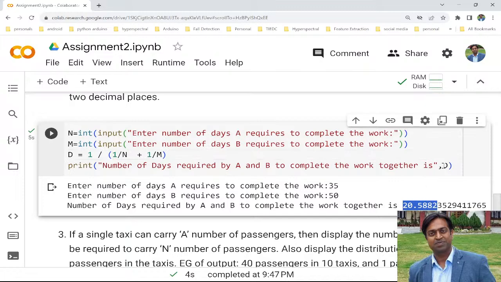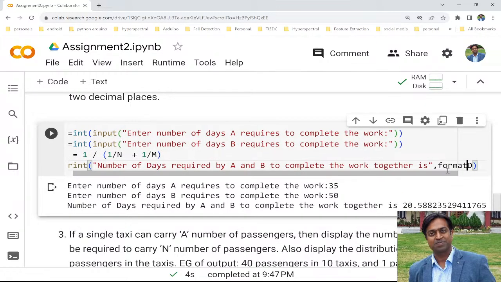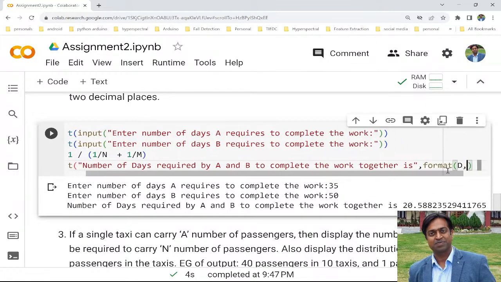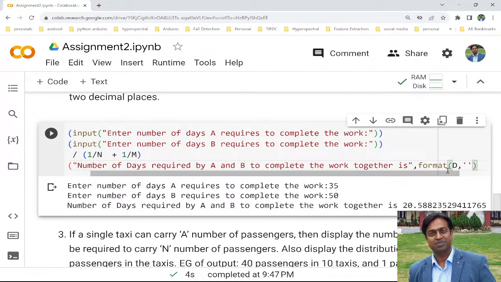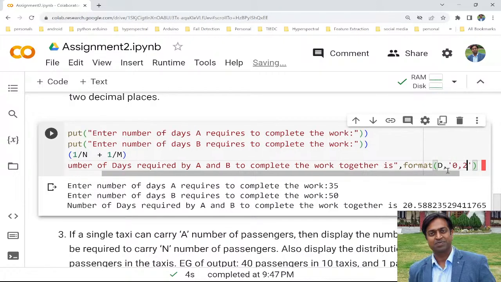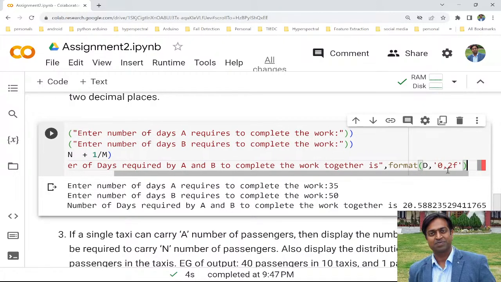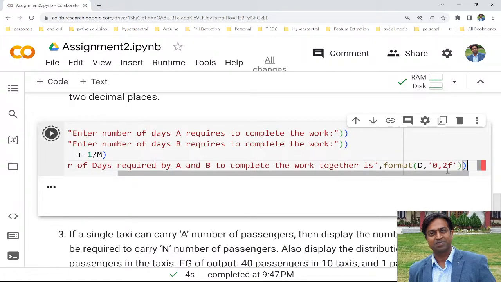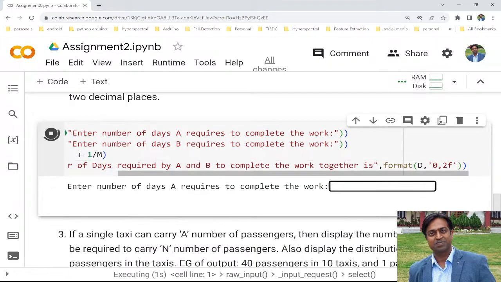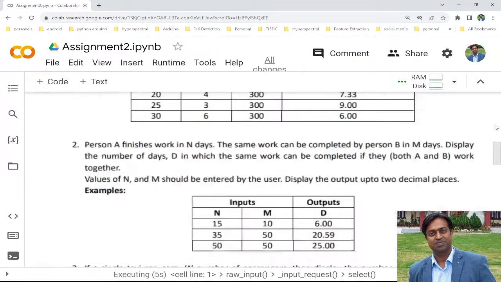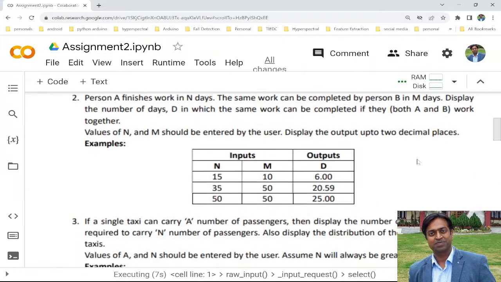Over here again we can write a format command to have only two decimal places after the decimal, 0.2f. So if I write 35, let me check again what the number was. It is 35 and 50.